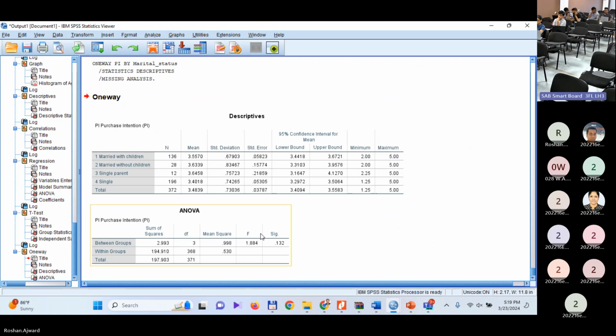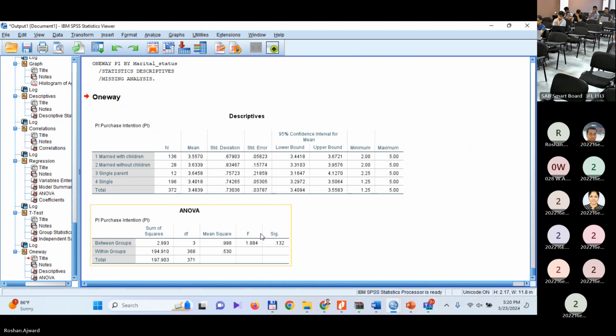So then to check that, you can see the ANOVA table. We checked the ANOVA table in the regression analysis for what? To see the overall model. But here we are looking at the significance value. How much is it? 0.132. Right?